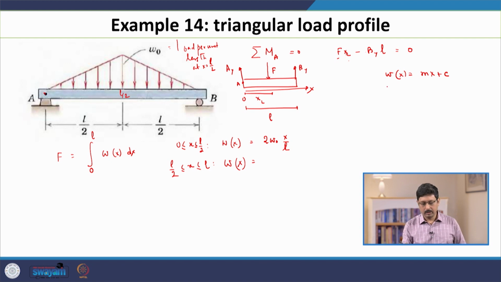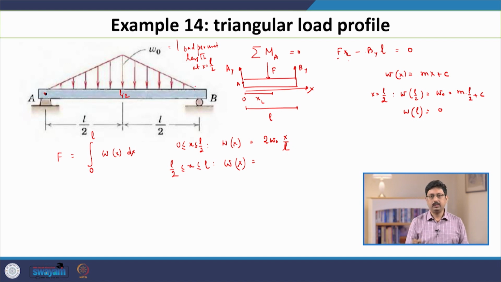Then we have two conditions. At x equal to L by 2, W is W naught, which means m times L by 2 plus c is equal to W naught. And at L, the right hand end, the load per unit length is 0, that means m times L plus c is 0.